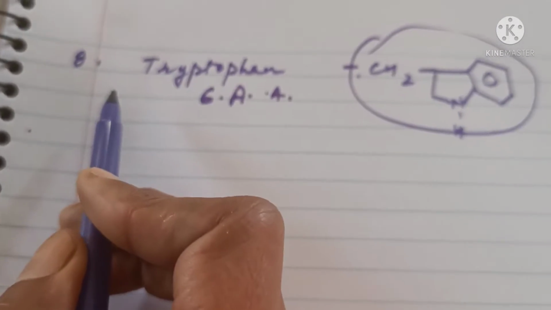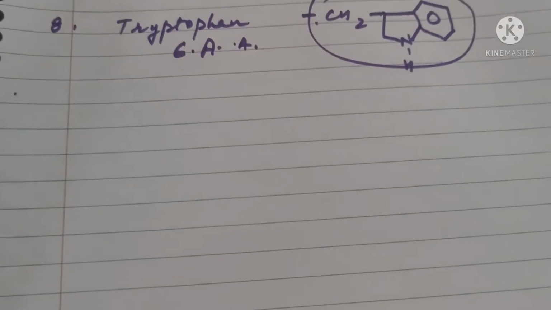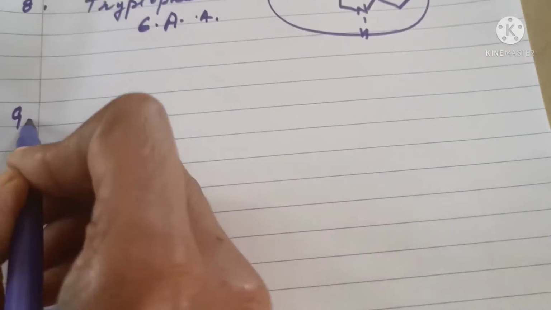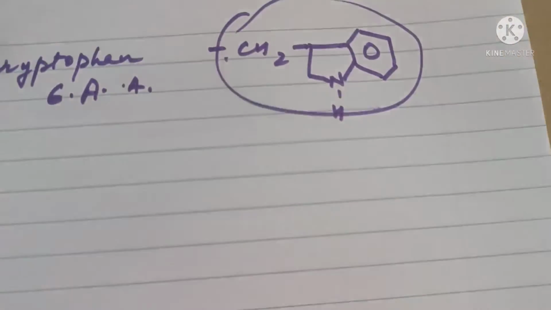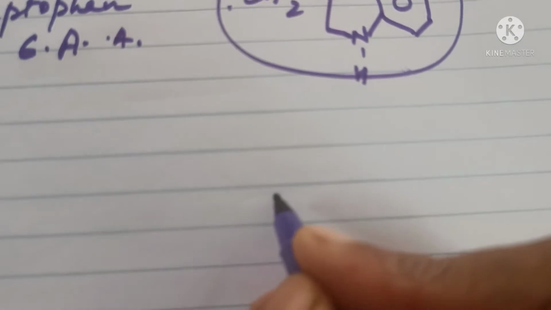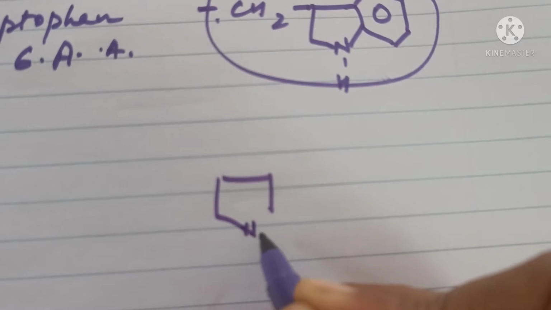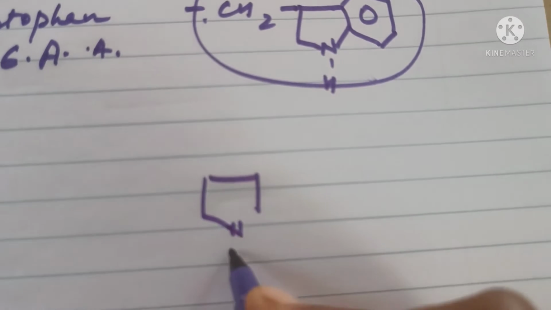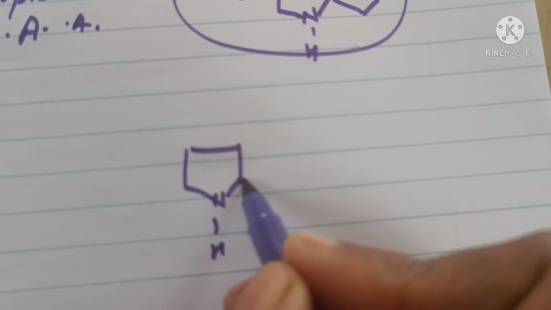Amino acid number 9 is proline. So let's write down proline. In proline, we have a COOH group, then to the alpha carbon atom we also have an NH group, but this is a cyclic part.